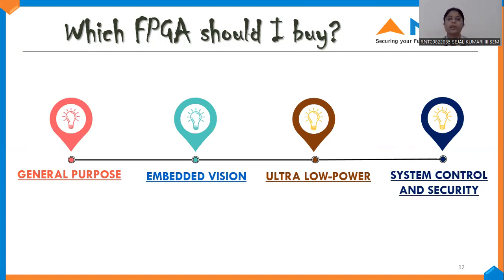The general purpose ones allow a broad range of application needs. The embedded vision is used for video bridging. The ultra low power ones are used for space constrained applications, and the system control and security ones basically employ platform management and security.